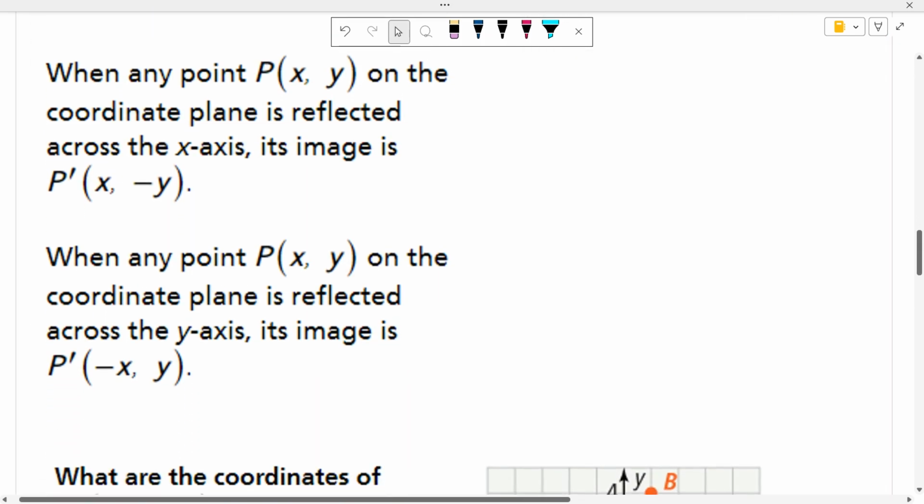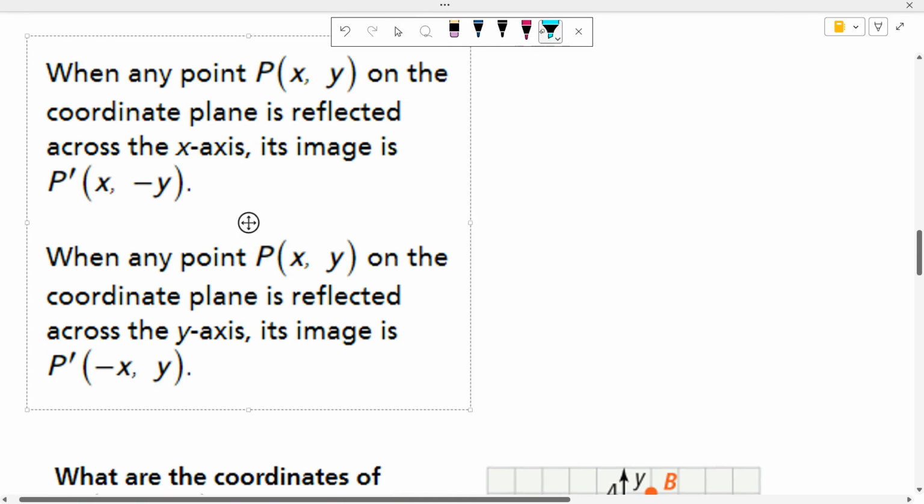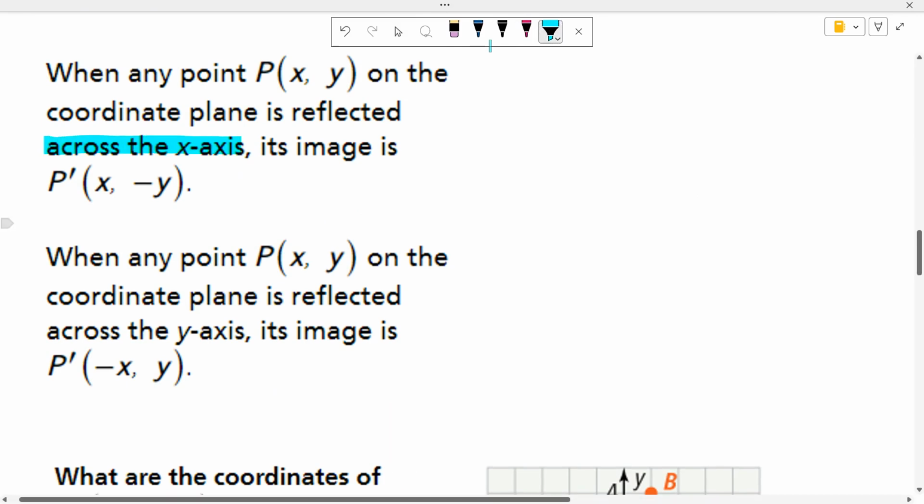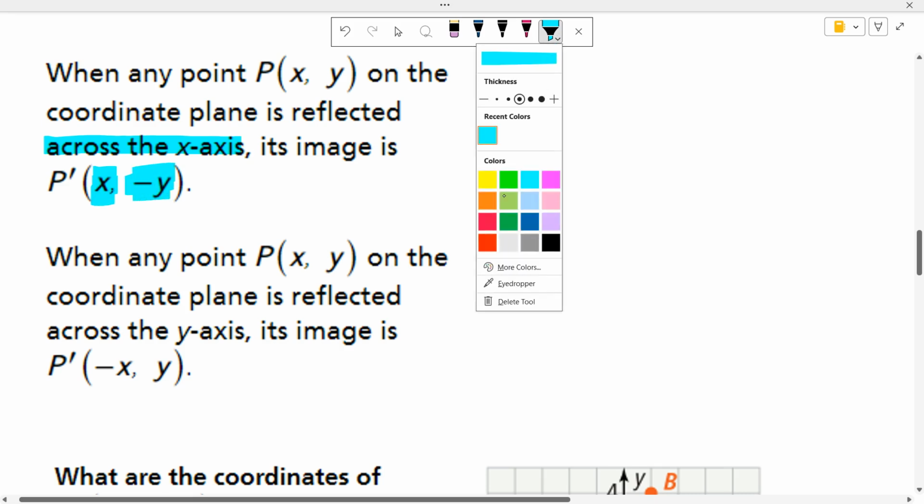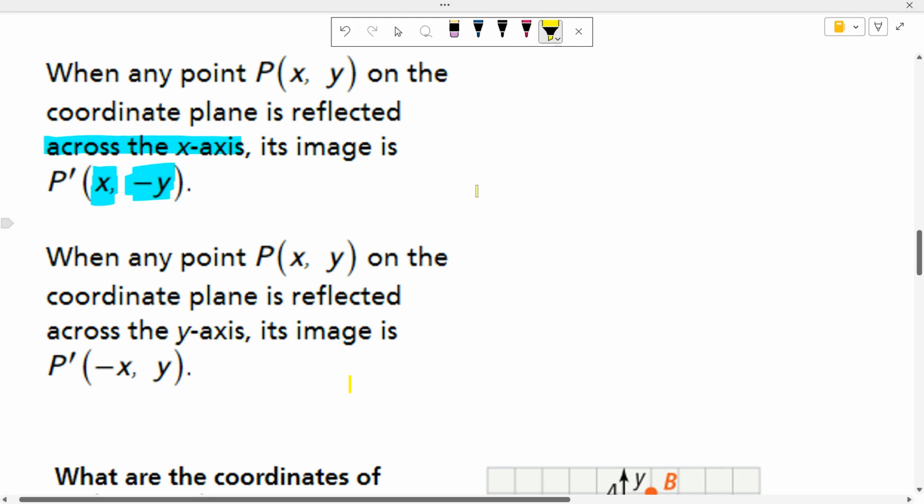So if you reflect across the x-axis, you don't change the x value, you do the opposite of the y value. If you reflect across the y-axis, you do the opposite of the x value, you don't change the y value. That's important. Okay?